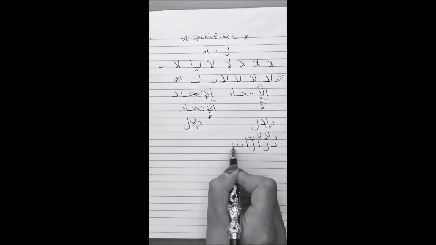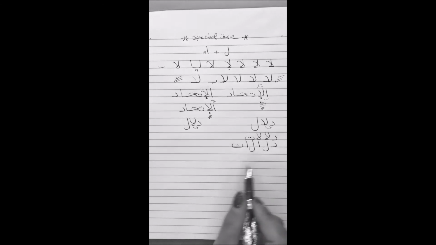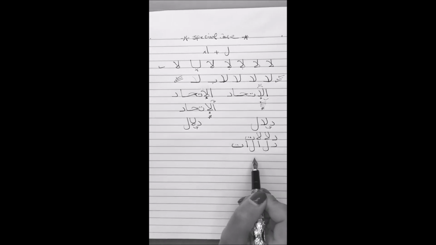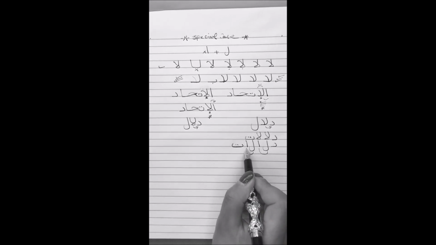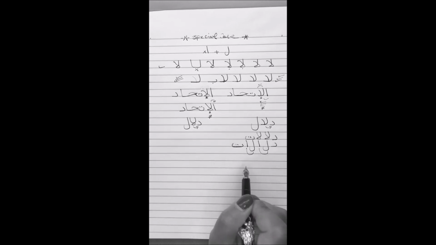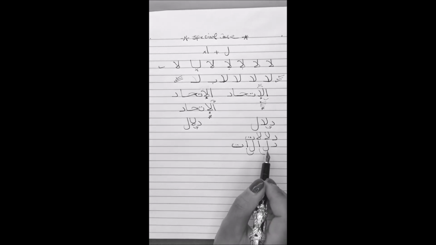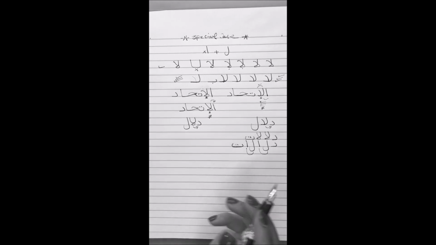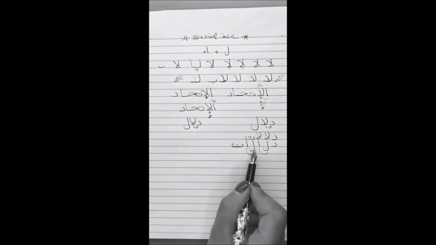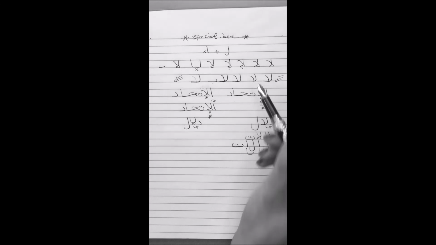So the rule is not going to change regardless of how many times this combination is happening. It's this special case here. Mark it for yourself. These two letters here. What do I do when I see a lam followed by an aleph? Immediately your default shape for this combination is that shape in here.